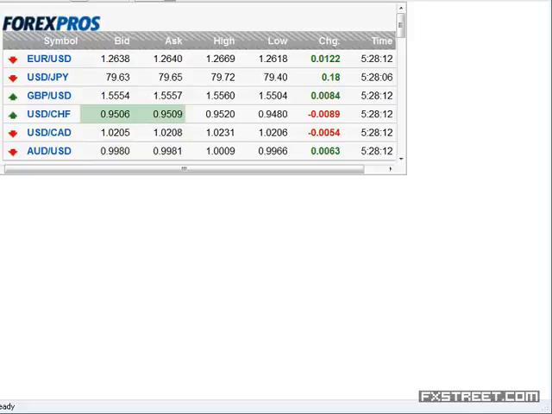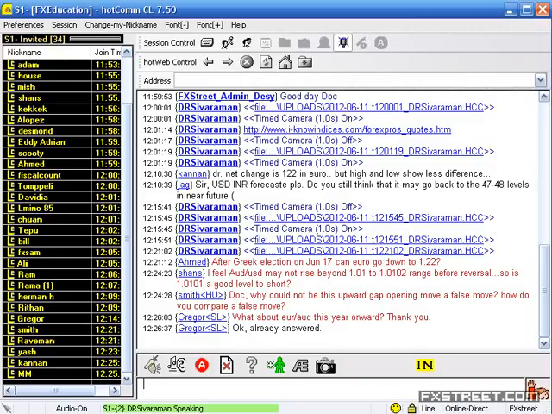Then Smith asks, why could this upward gap opening move not be a false move? How do you compare? Yeah, that is a possibility. The upward move could be a false move for the week beginning, and that will be confirmed by the moves they are trying to make by the late US session today, how they are closing it, and tomorrow's move.